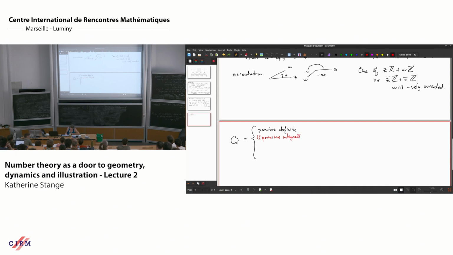The red is optional, I can choose to put that in if I want. Up to equivalence, and I'm going to throw out the ones with discriminant 0. And I'm going to get a bijection between that and the set of lattices, so homothety classes.